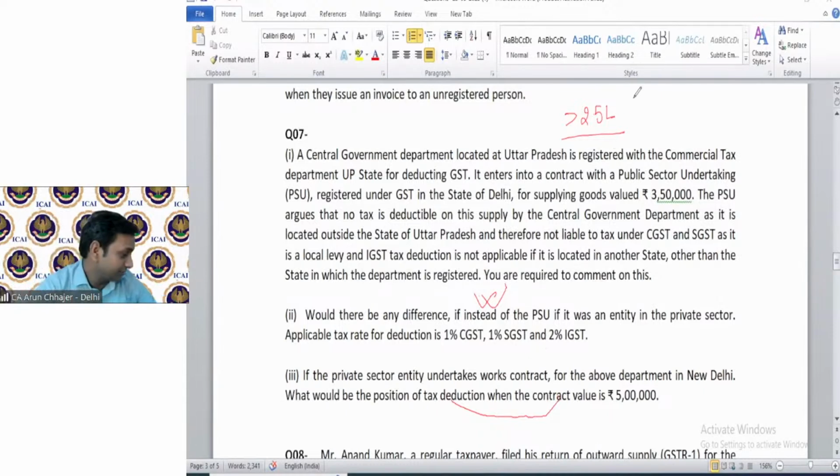Very interesting question. So the question is, if the work contract for the above department is being taken at New Delhi, when the contract value is 5 lakh, then what would be your answer? Give me the reason.